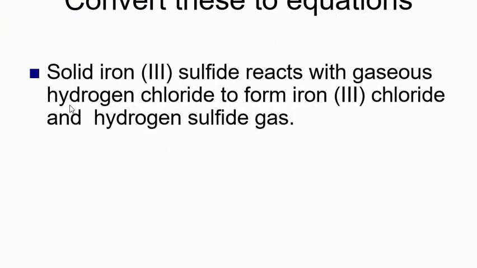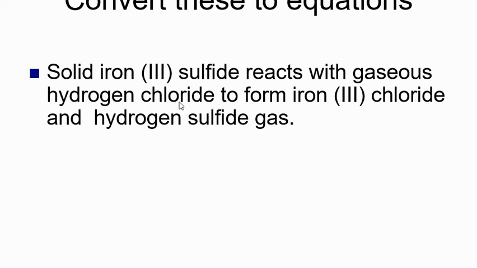So right here, we're going to spend a whole lot of time with this. You practiced writing equations last semester, but we're going to take a little bit of time. Iron 3 sulfide reacts with, so reacts with, that's another way of saying plus or and. So reacts with, we're going to definitely put a plus there.